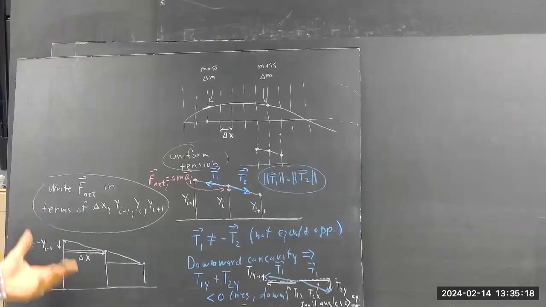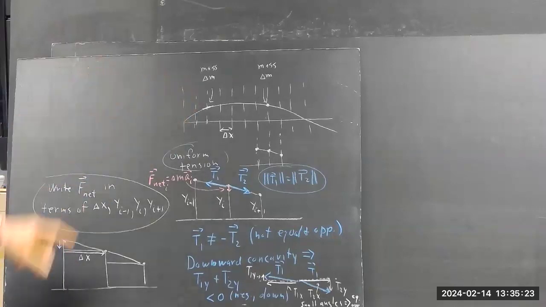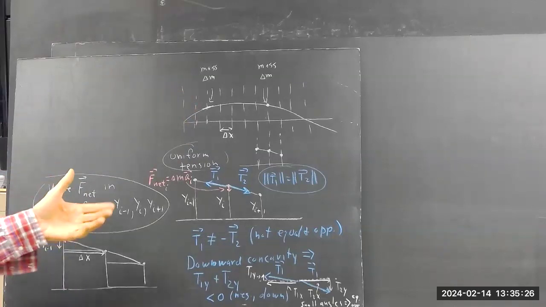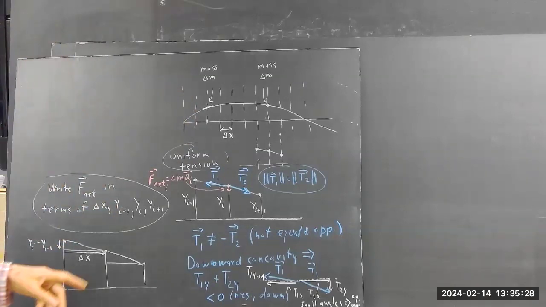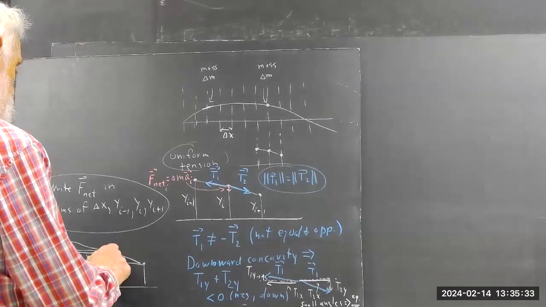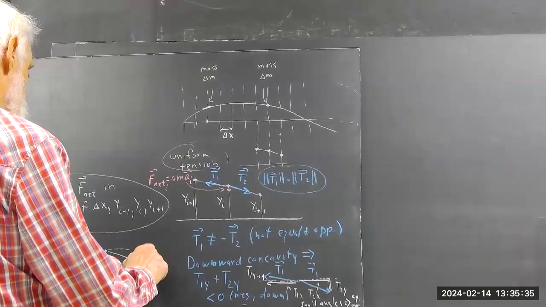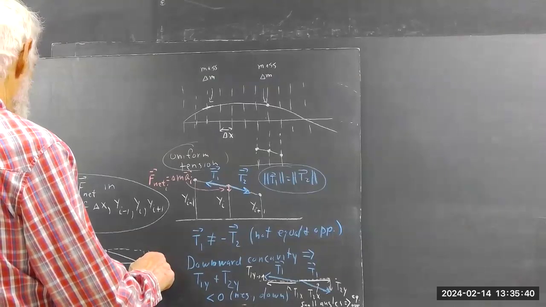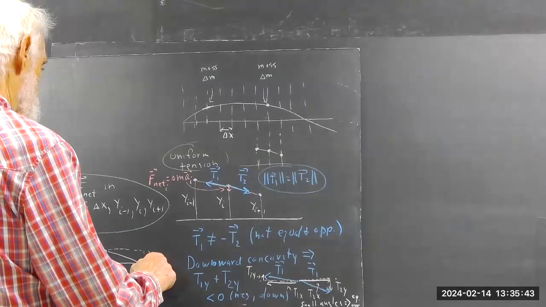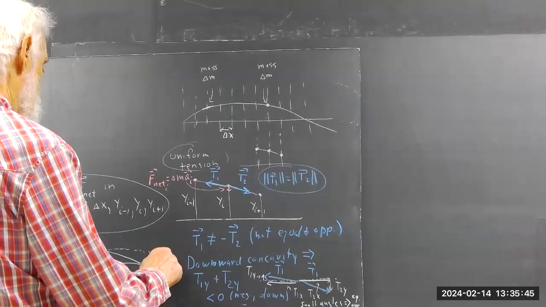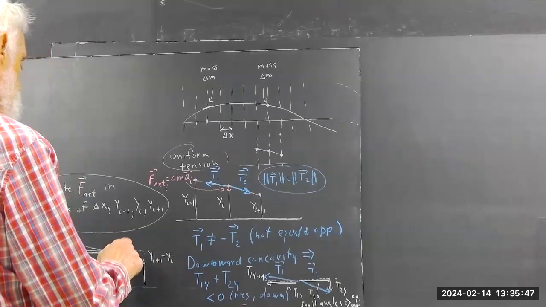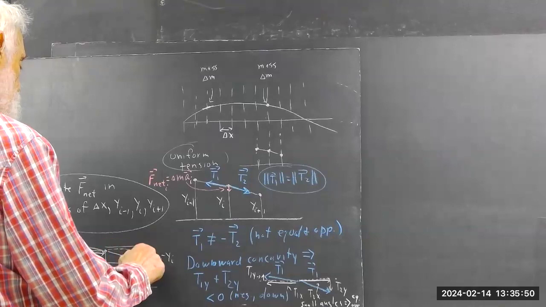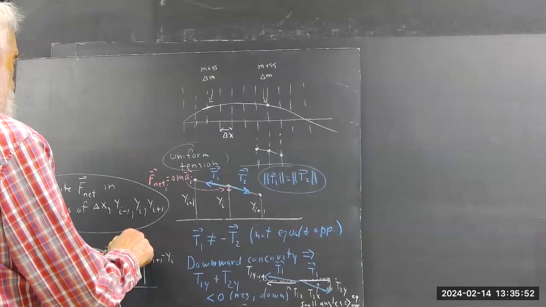Okay, just kind of check that out. And if we're on this side, then this yi minus 1 would be positive. Over here, then we have another triangle, going to be similar to this triangle. And this is then yi plus 1 minus yi, and this is still delta x.